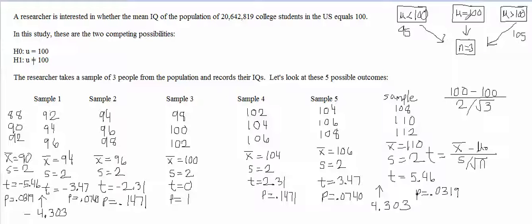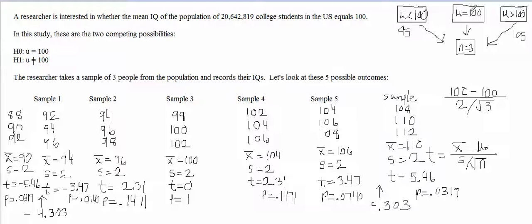In this situation, t-scores further below 0 are less likely, because if the population mean is 100, you're less and less likely to get these sample means further below 100 that would give you those highly negative t-scores down here.